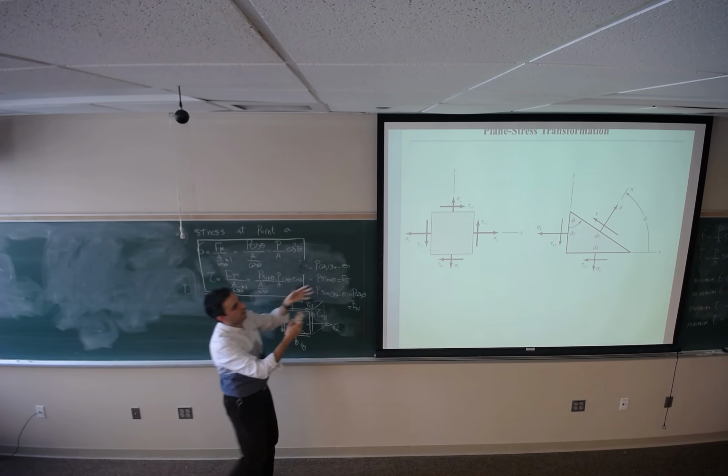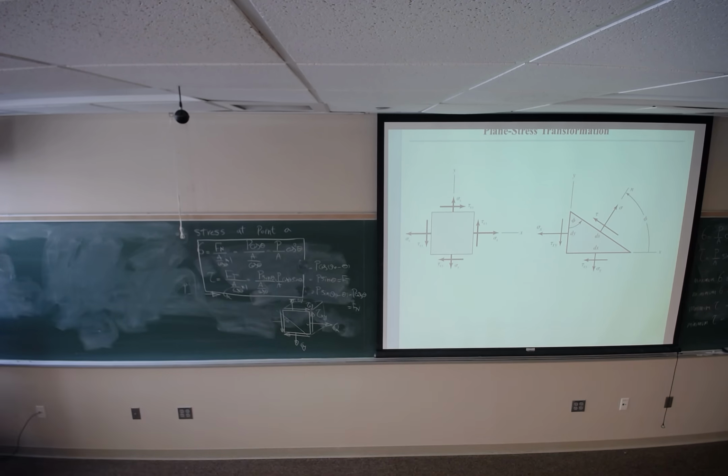If I want, I can represent it by the cube, but it's easier to represent it with a square. So if I want to cut it by the angle of phi, pointing down.